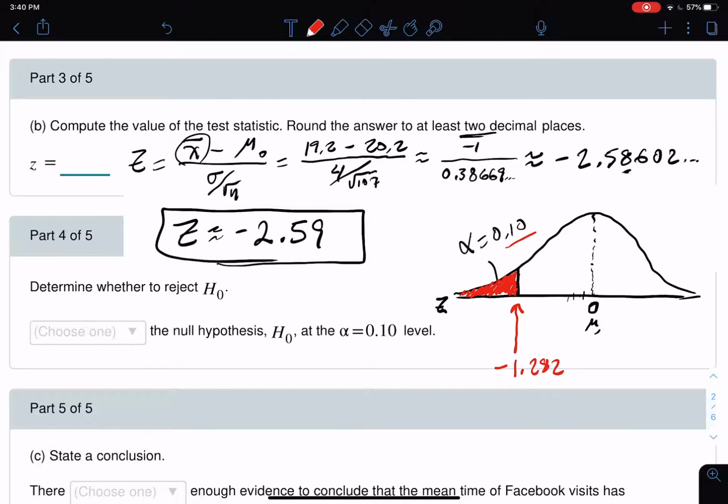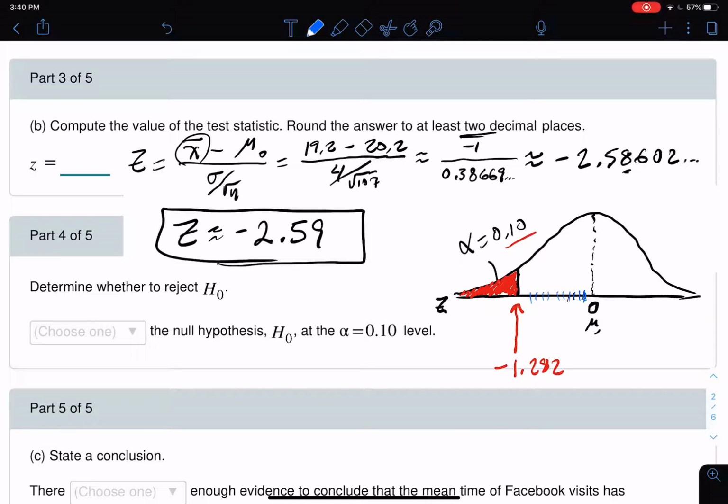So what this is saying is that we go out and sample, right? And even though our sample mean is less than the actual population mean, it's not enough information to go against the assumed thing. Is what we said the mean was what, 20.2? Because by chance it could be lower. By chance you can get a sample mean way down here.